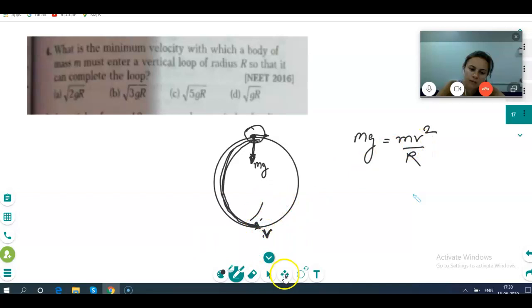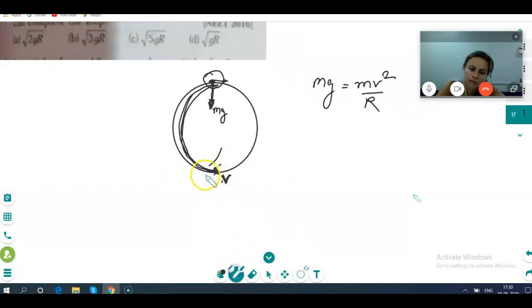Here we have to use conservation of energy. Whatever energy we give, half mv², suppose v1, at the bottom.